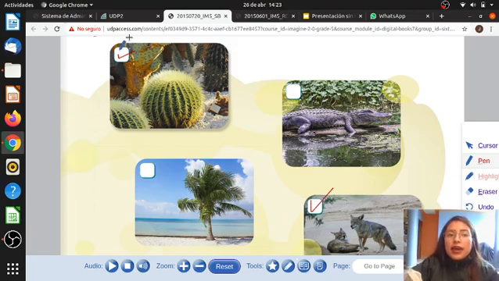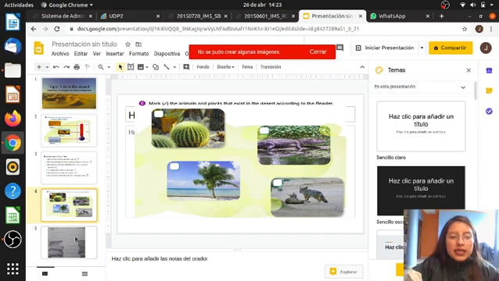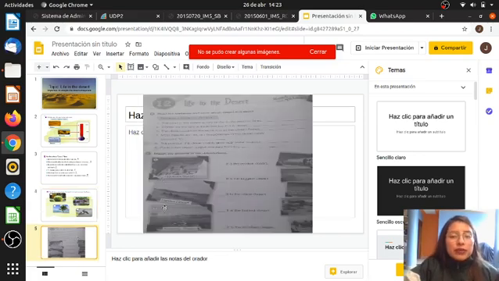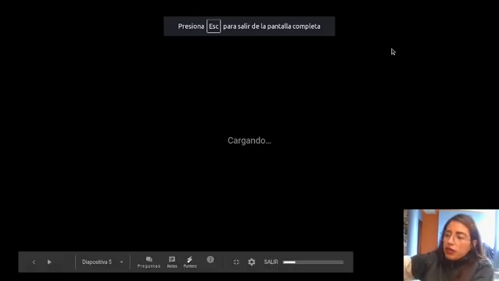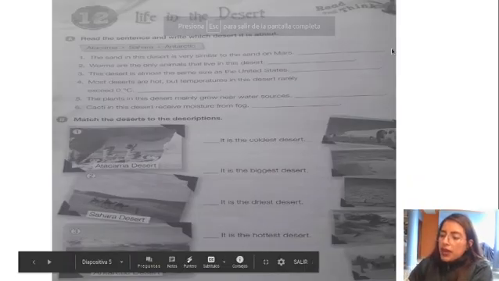Now, what is your homework? Please open your black and white book. Open your black and white book on page number 70. Okay, you have to do this activity.